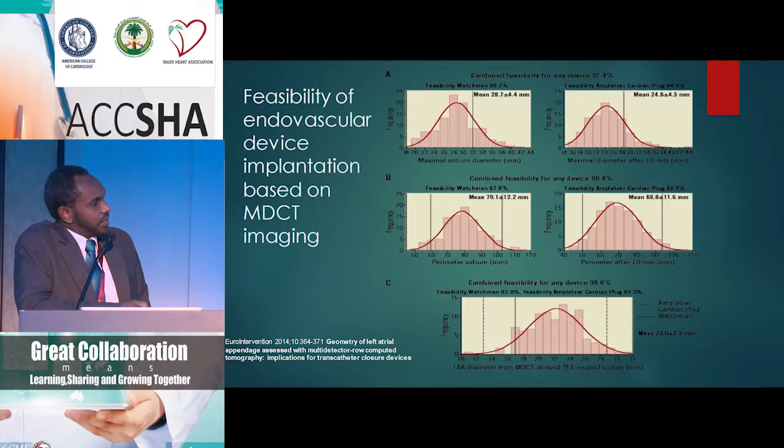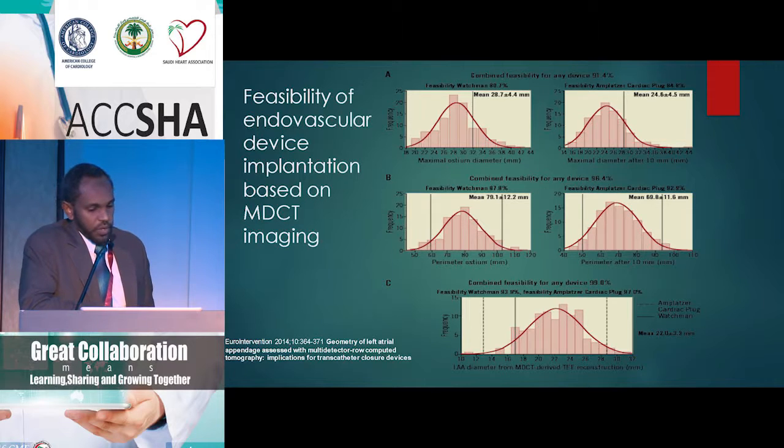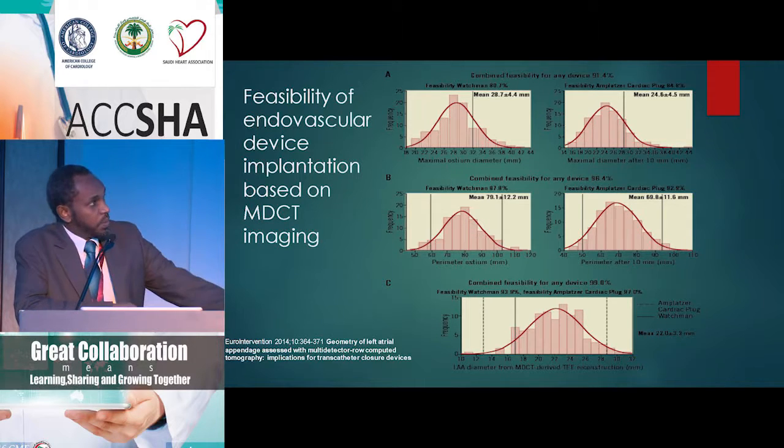They assess the perimeter as opposed to just a single diameter, and that gives us more inclusion of patients. So 87% can be covered by the WATCHMAN device. Regarding the ACP, the numbers are 84% and 92%. And regarding both devices together, if you choose one or the other, you can cover 99% of anatomies or appendages.